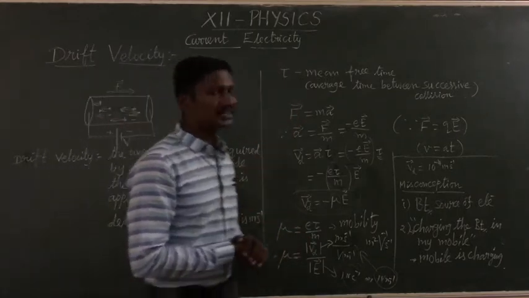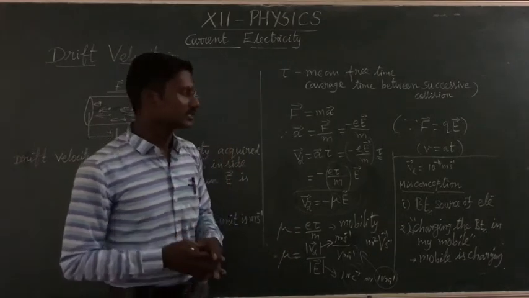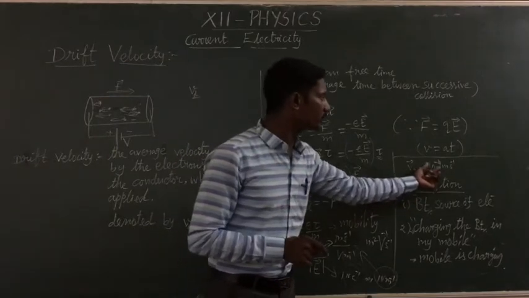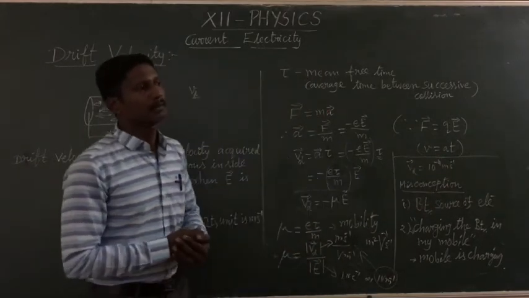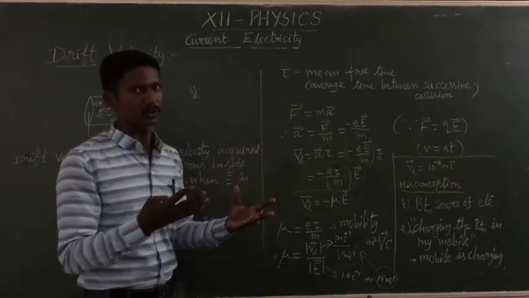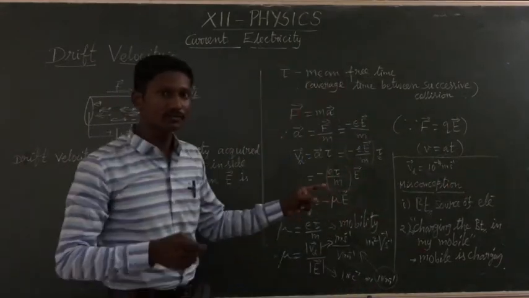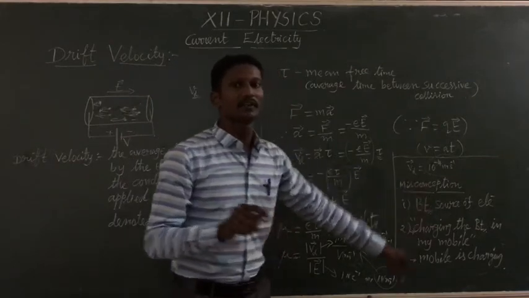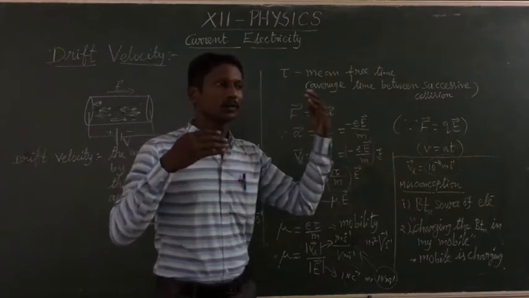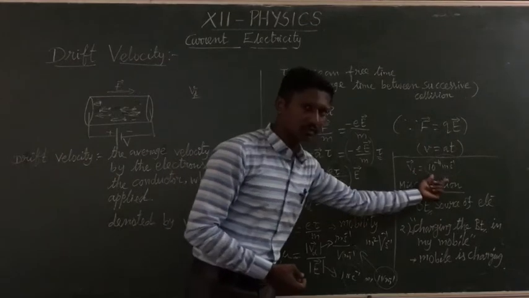But now we are discussing our real life applications. In reality, the typical drift velocity of an electron is 10 to the power of minus 4 meter per second. But when we switch on a bulb or a lamp, suddenly the bulb glows, isn't it? If electrons were moving at that velocity, then when I switch on, the bulb would glow after 1 hour or 2 hours, because the electrons move at a very low velocity only.